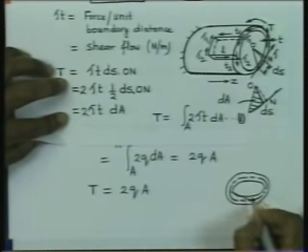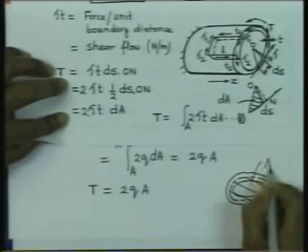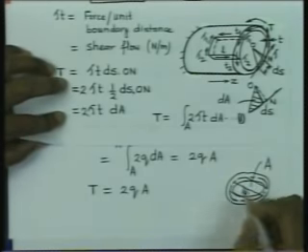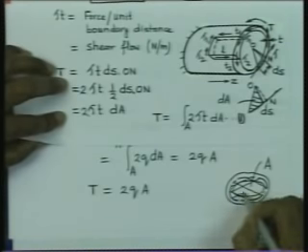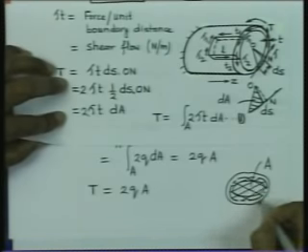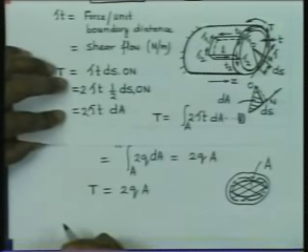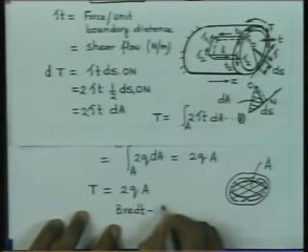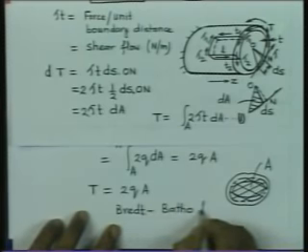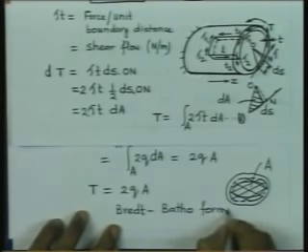So, therefore, this is the area A. This is known as the Bredt-Batho formula.